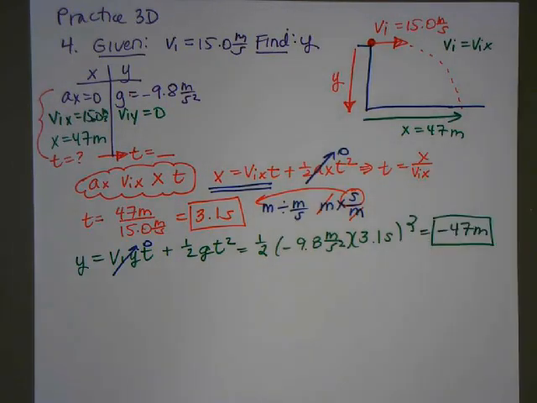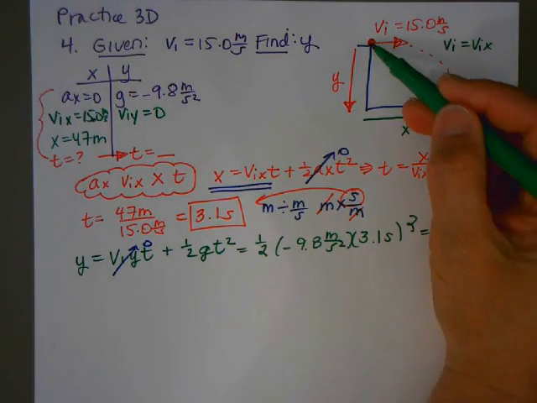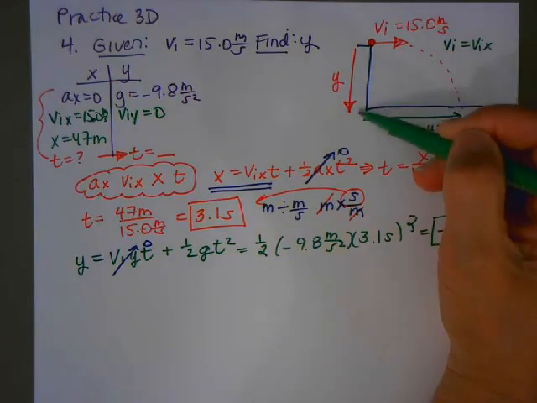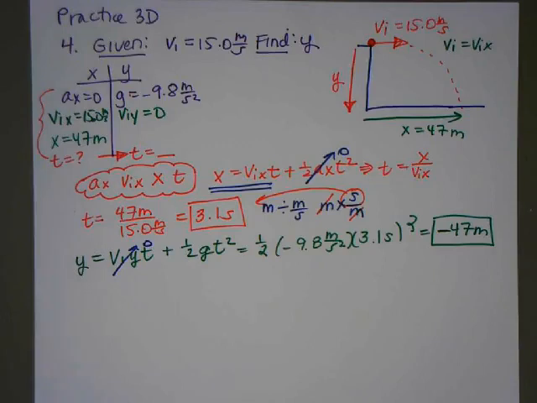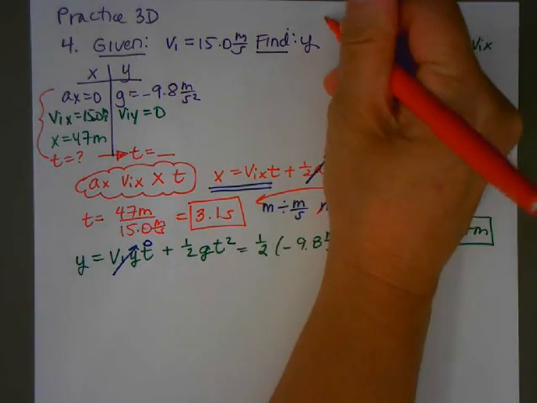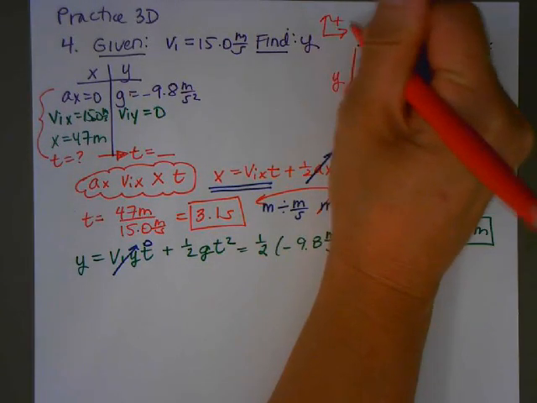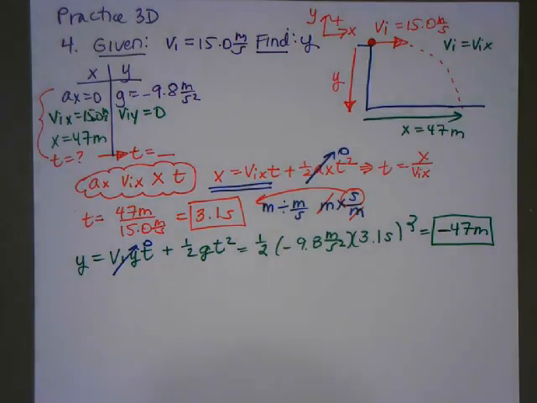I should get a negative value because I'm measuring from here down, which is my frame of reference, and according to my sign convention, because I'm using the same standard Cartesian sign convention I use in math class, that up and to the right is positive, I should get a negative value.